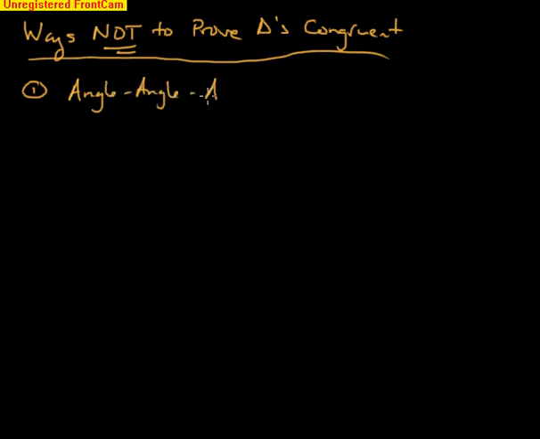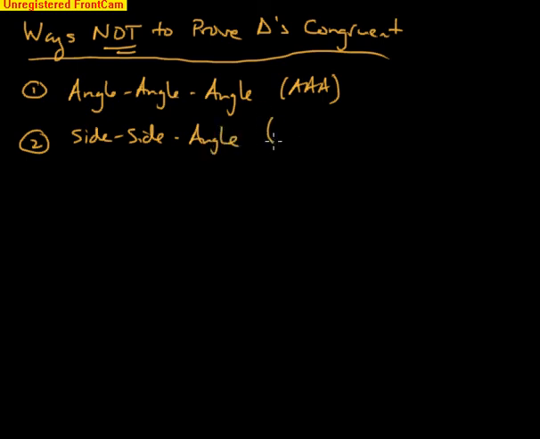The second way that we are going to show in class would be side, side, angle, SSA. So these are the two ways we'll show how you can't prove triangles congruent in class. Alright? So stay tuned to the second video where we'll do some proofs.